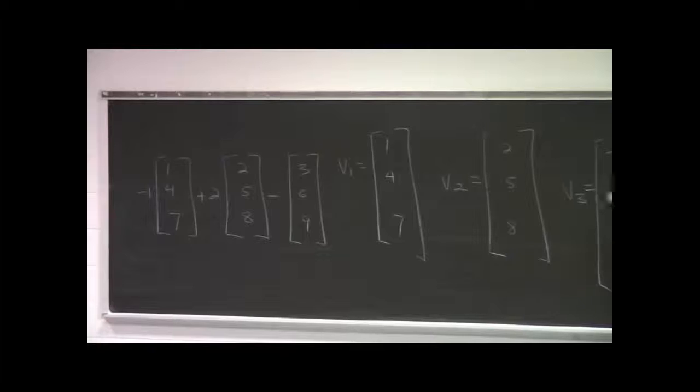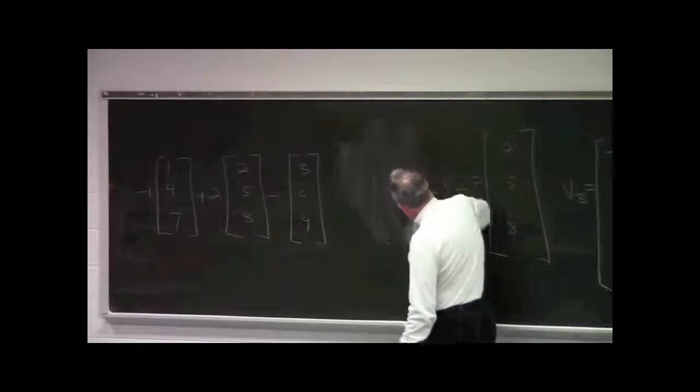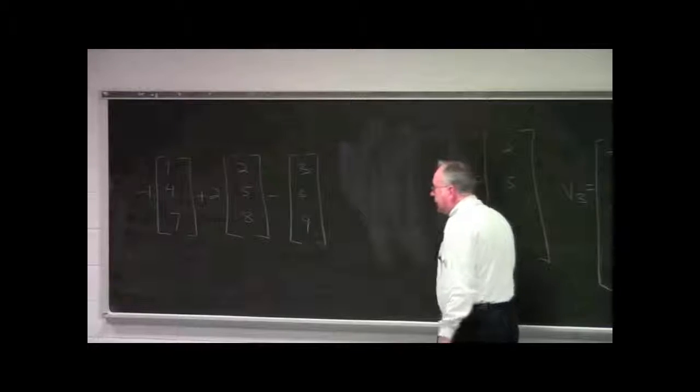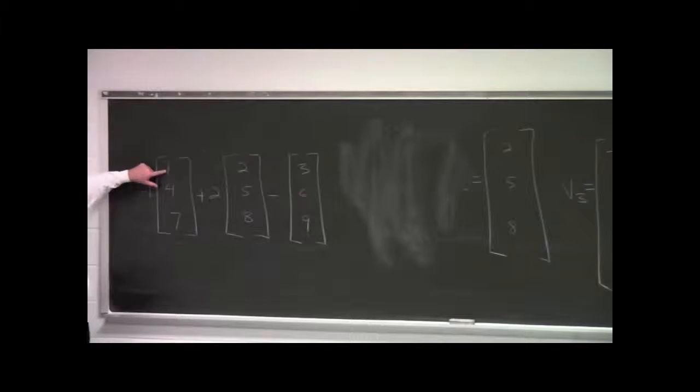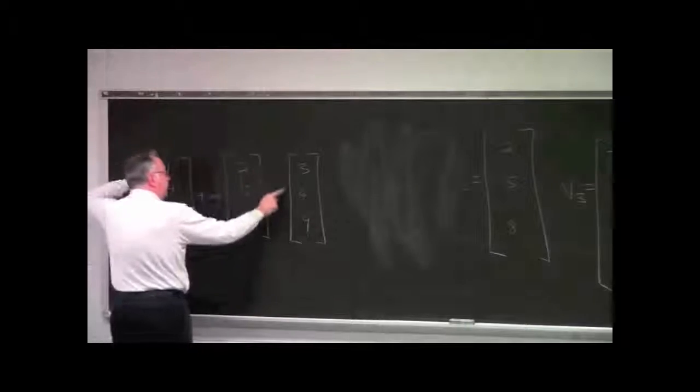As you can see, minus 1 times that gives you minus 1 plus 4 minus 3. That gives you a 0 here.